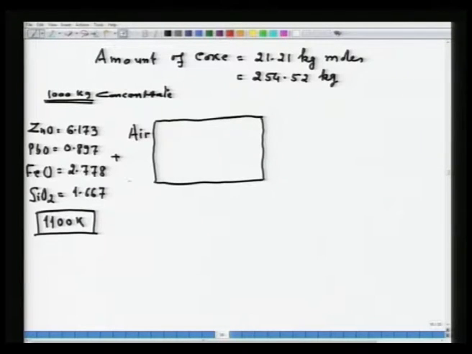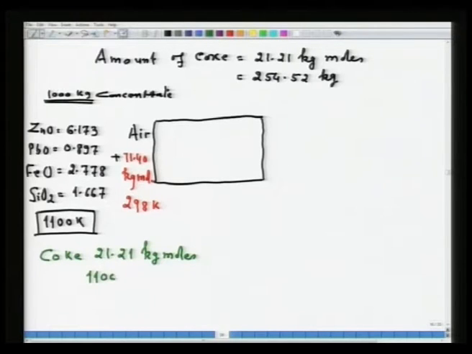Plus air, the amount of air is 71.40, and for the sake of calculation I am taking air is supplied at 298 Kelvin. Next input is coke. Coke amount is 21.21 kg moles, and we are taking it is supplied at 1100 Kelvin.